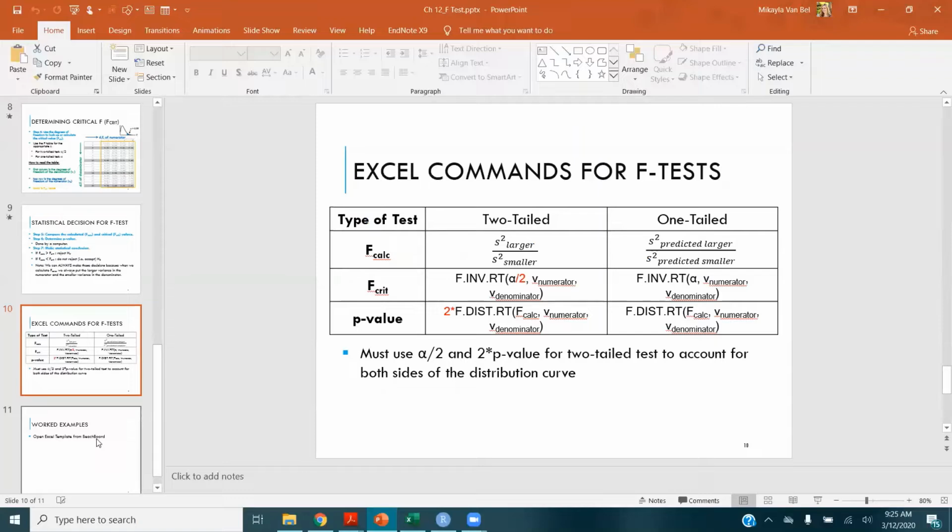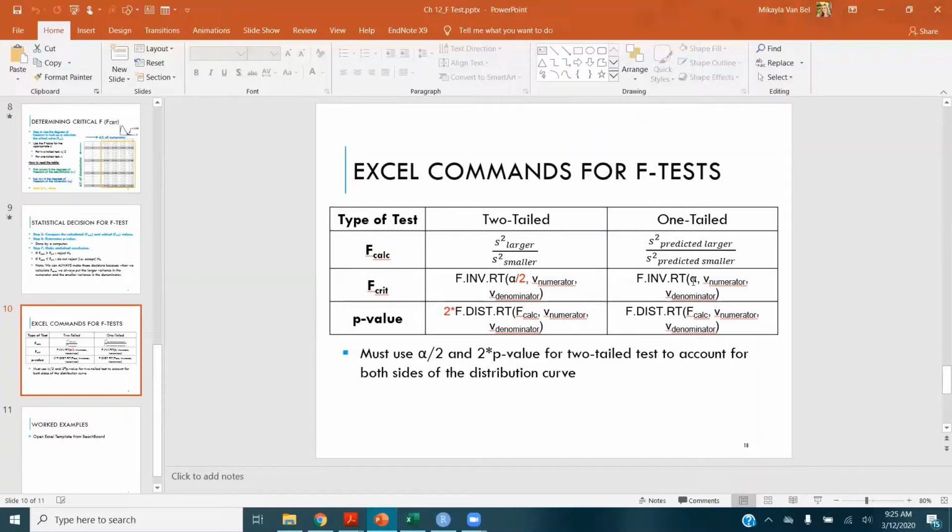Here is a summary of the commands we can use in Excel to complete the F-test. F-calc is always going to have the larger variance in the numerator and the smaller variance in the denominator. To find the critical value, we'll use a new function, F.INV.RT. For a two-tailed, we will divide alpha by 2.